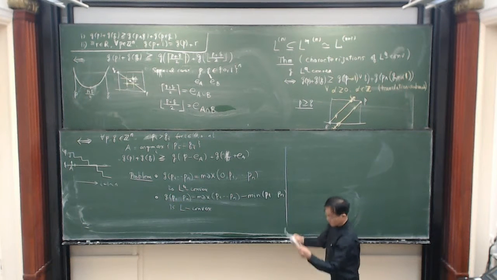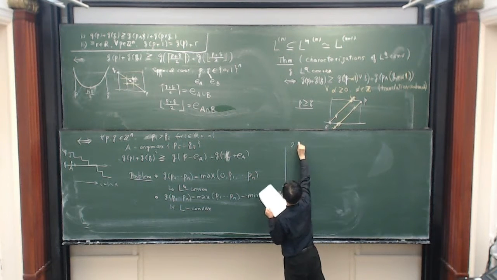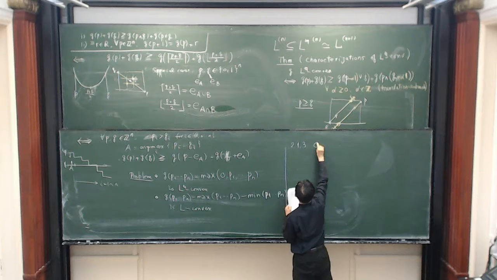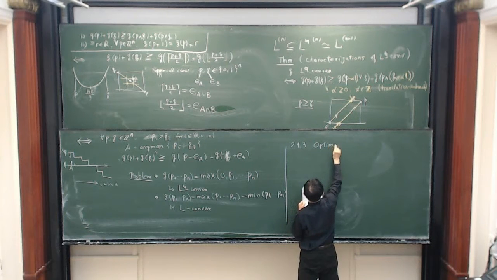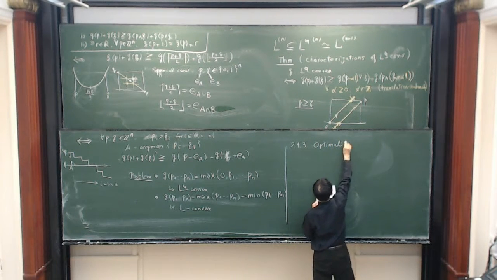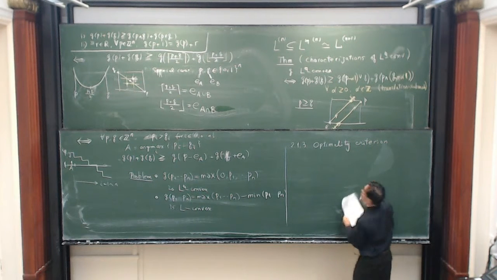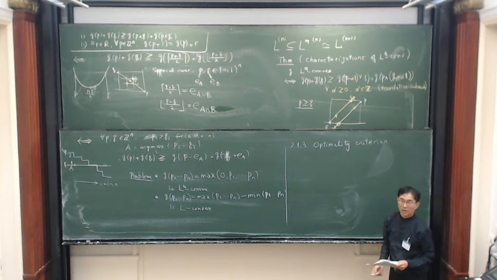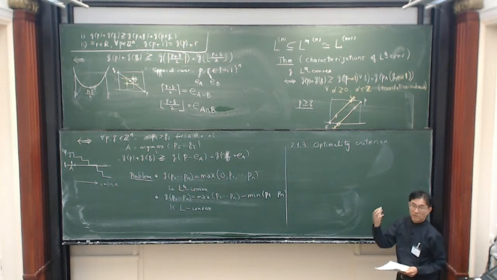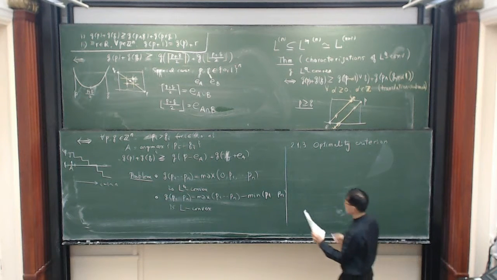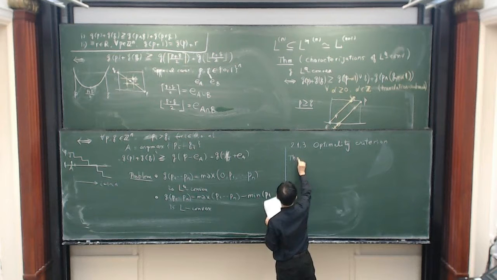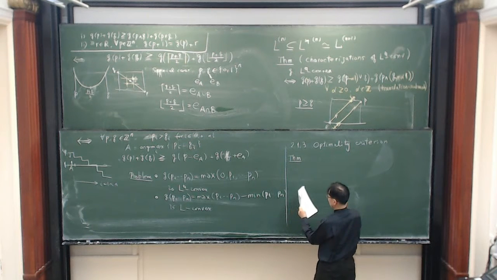So the second part is the optimality criterion. A convex function has a minimum if it is locally minimum, okay? And a similar thing is true for L-convex function.